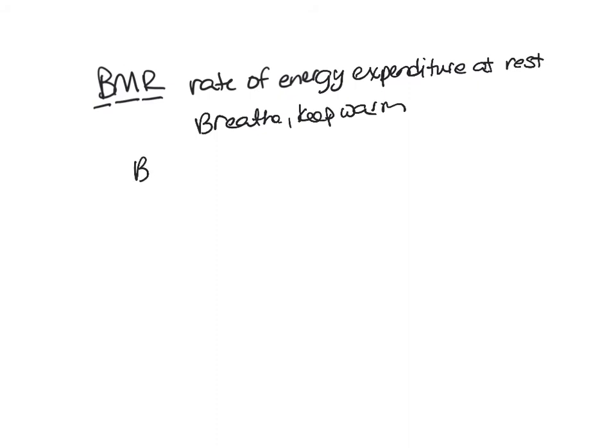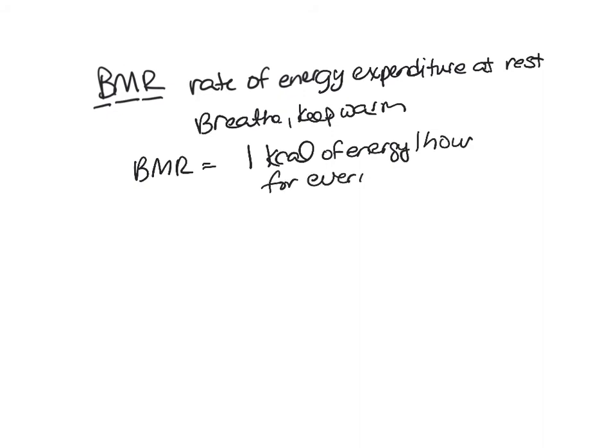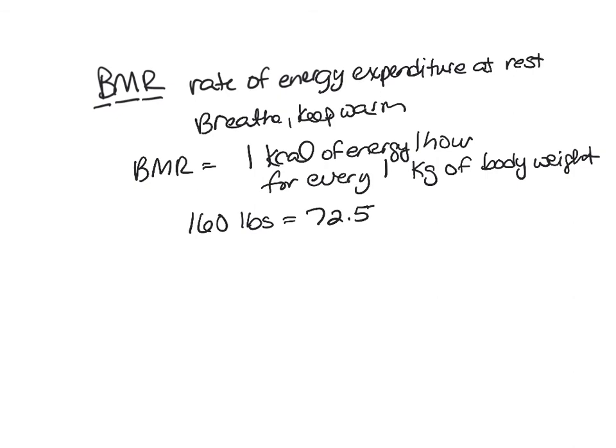On average, the BMR should be 1 kilocalorie of energy every hour for every 1 kilogram of body weight. So a man that has an average weight of 160 pounds would weigh 72.57 kilograms. So that man should be burning 72.57 kilocalories of energy each hour at rest.